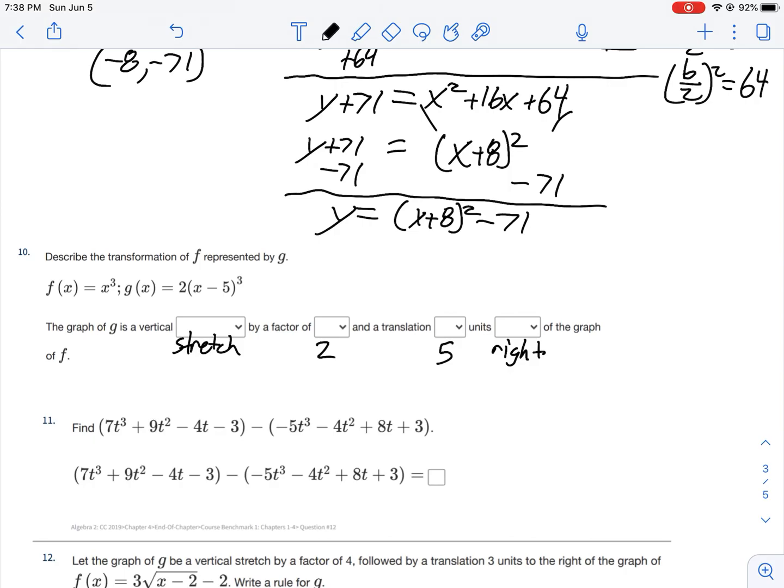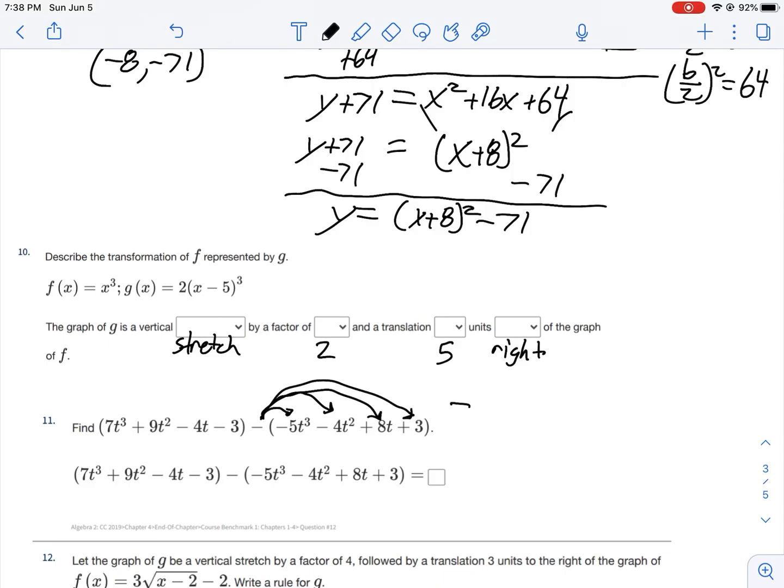Vertex form. Okay, question 11. 7t cubed plus 9t squared minus 4t minus 3 minus this polynomial, negative 5t cubed minus 4t squared plus 8t plus 3. We are going to distribute this negative and just drop parentheses from everything and collect things together.